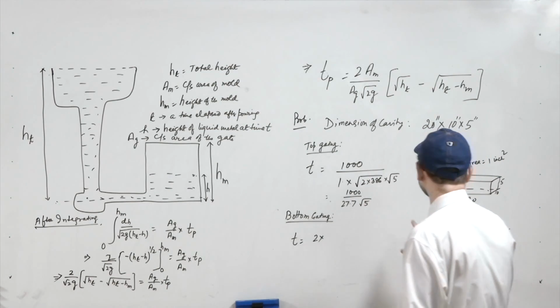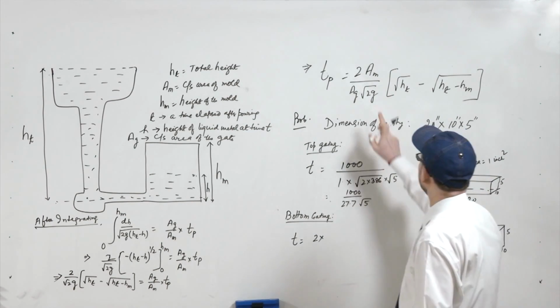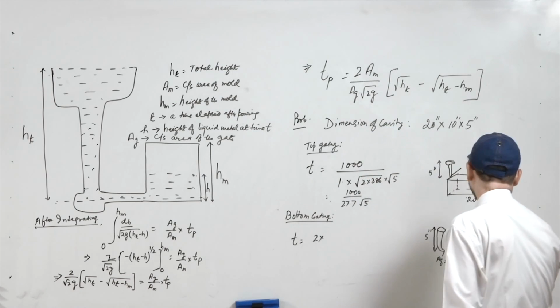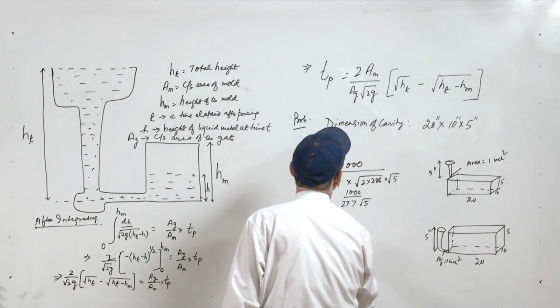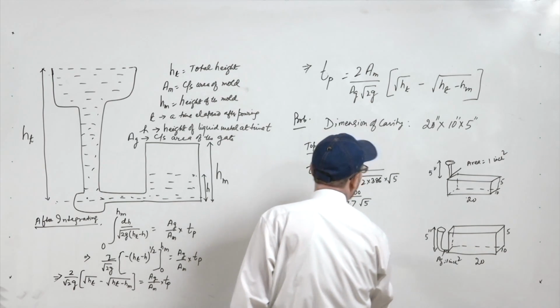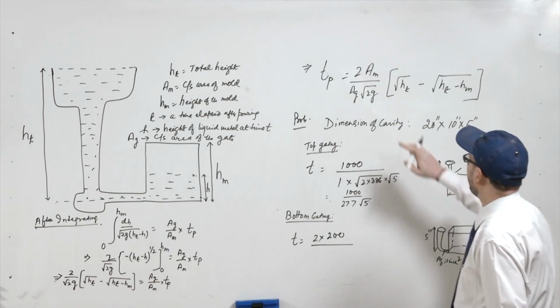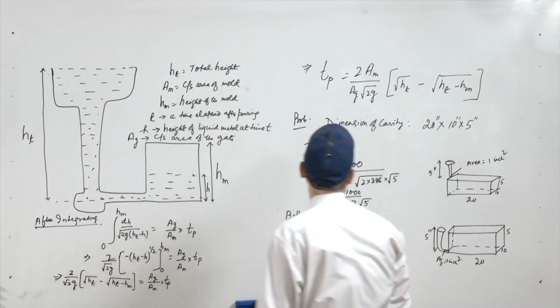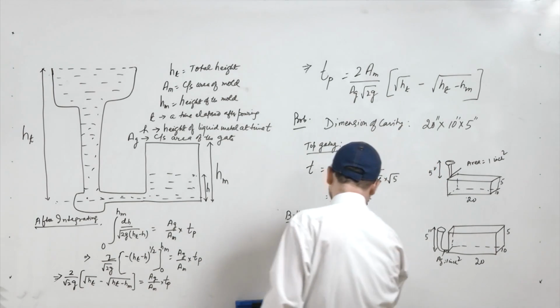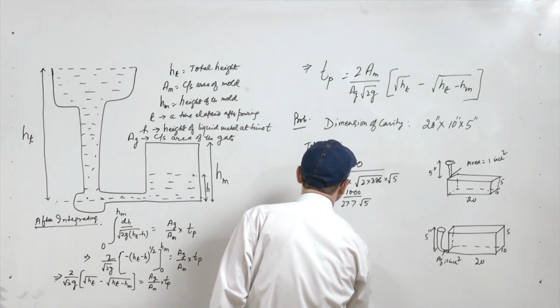Now, in the case of bottom gating, as we see, it will be 2 times AM. So, AM is nothing but 200, divided by AG. So, AG is 1 into root 2g. So, this is root 2 into 386.